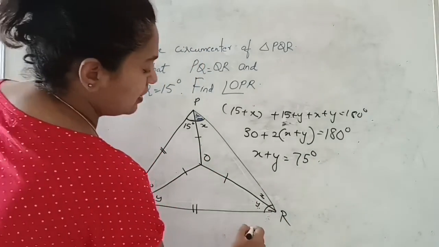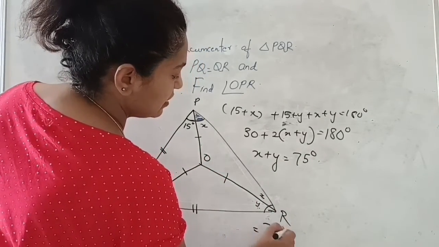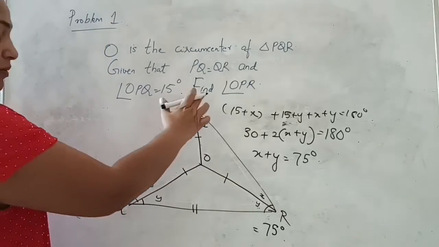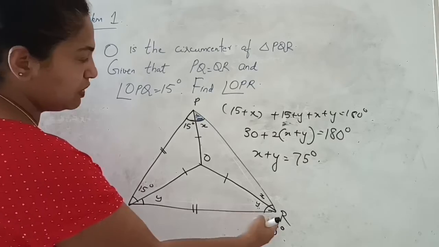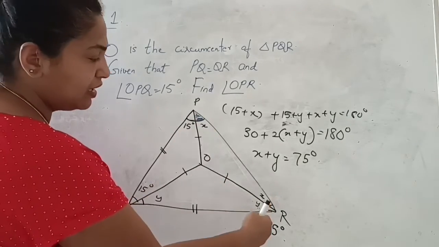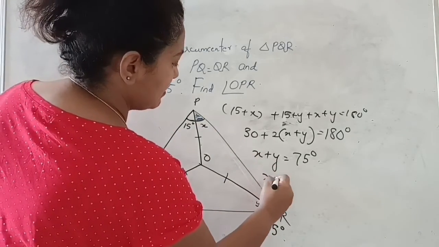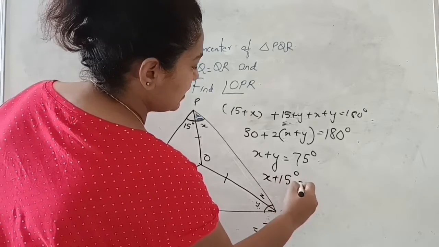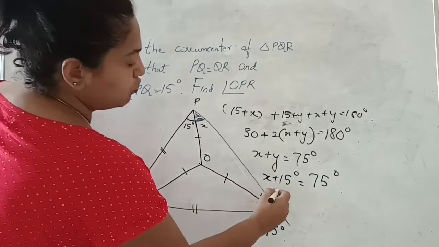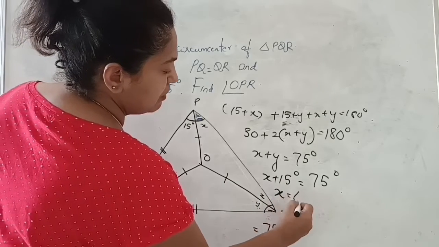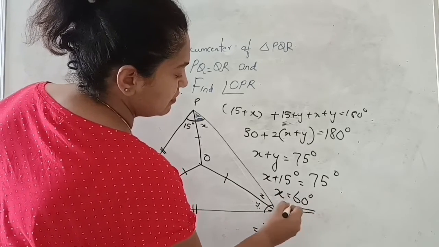So the measure of angle R I have got as 75 degrees. We have already seen that because PQ is equal to QR, angle P and angle R are equal. So x plus 15 is equal to 75 degrees. This is angle P. So what is the measure of x? x is equal to 60 degrees.